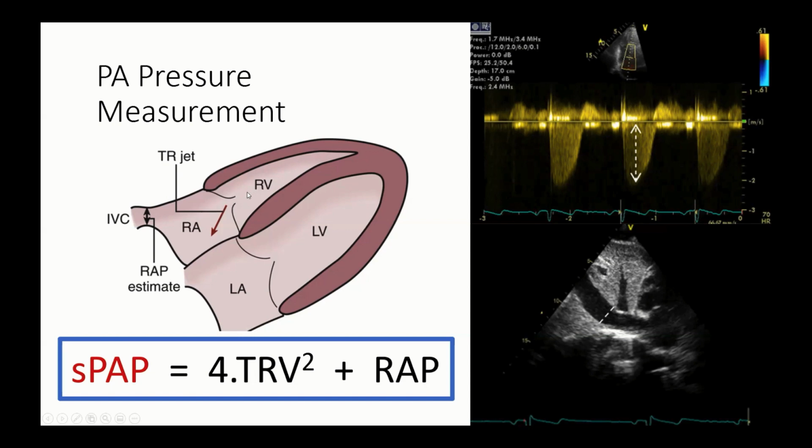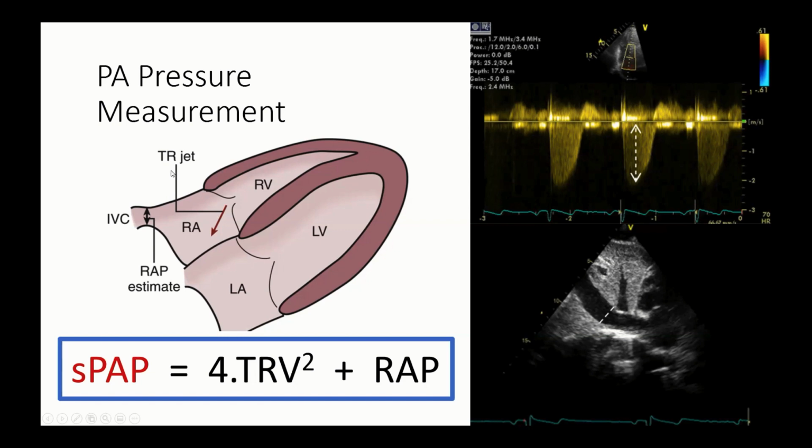Once you have the transvalvular gradient, you add to this gradient the right atrial pressure, and you end up with the pulmonary artery systolic pressure, what the RV is pushing and what's backing the RV during systole.